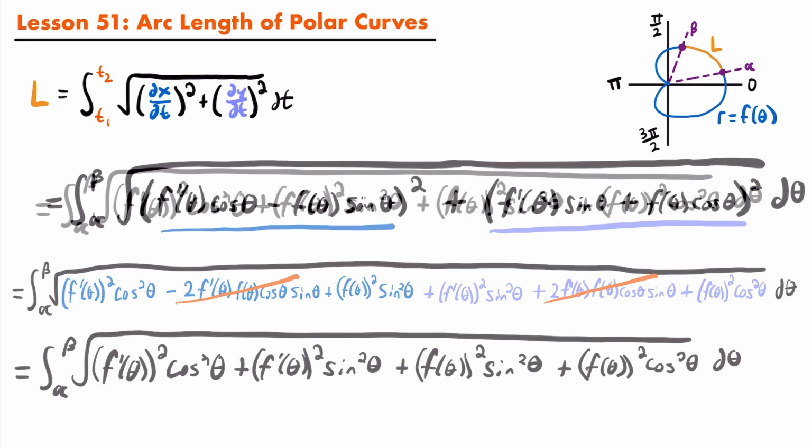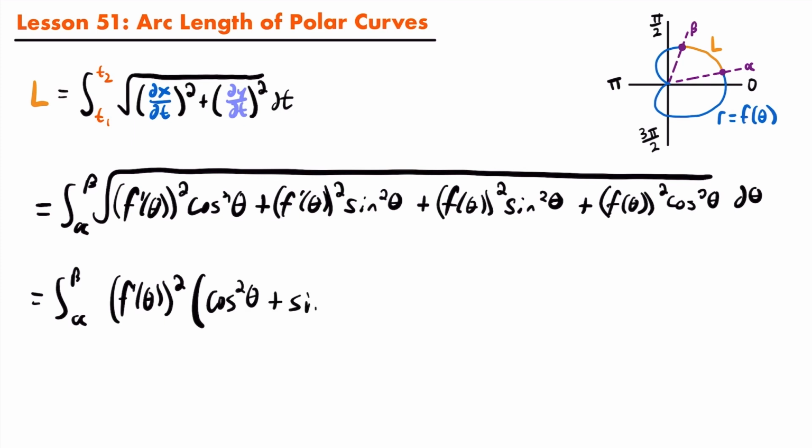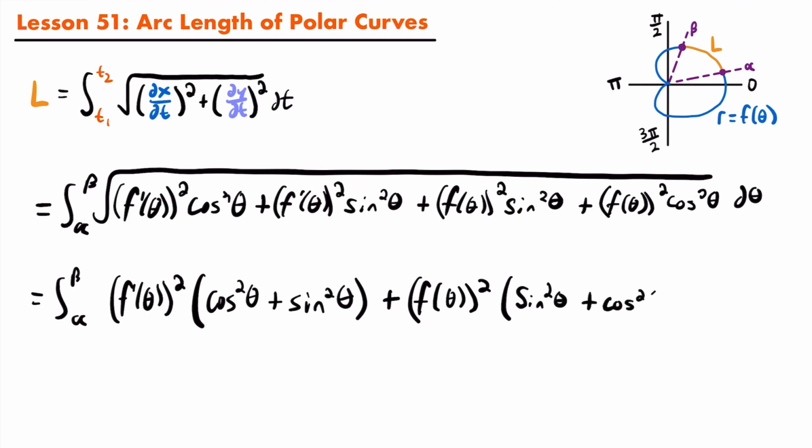So let's do that. If we pull f prime of theta squared out of these first two terms, this will be equal to the integral from alpha to beta of f prime of theta squared times cosine squared theta plus sine squared theta. And then we'll add that to these two terms, but now we're going to pull out f of theta squared, and so we'll have f of theta squared times sine squared theta plus cosine squared theta.